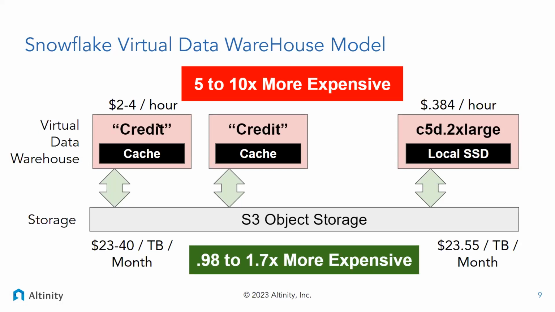If you're going to be offering cheap storage, you've got to make it up somewhere else. So Snowflake makes it up in compute, which can be anywhere from 5 to 10x more expensive than the corresponding hosts. That gives you an idea of how the Snowflake virtual data warehouse model works.